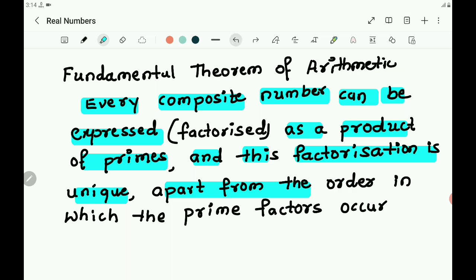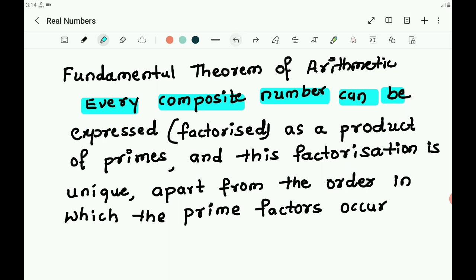So that is the statement of the fundamental theorem of arithmetic.